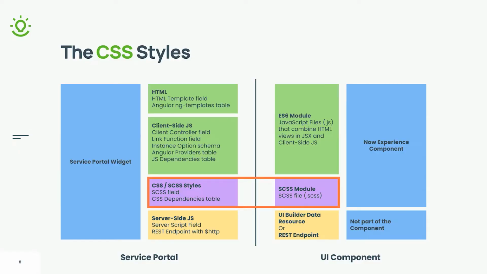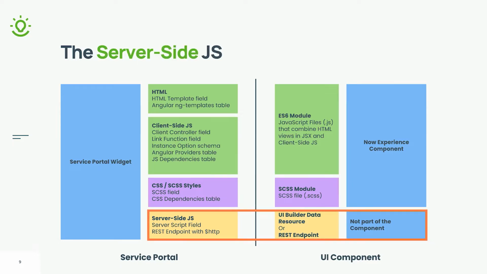And your SCSS equivalent, basically you'll have an SCSS file inside of your local dev environment, and you will import those SCSS modules into your JavaScript modules. So it is a little bit different from what we're used to dealing with. But for the most part, there's really strong equivalent to the SCSS fields and the CSS dependency tables in your Service Portal widget. And as I said, there really is no equivalent for the server-side JavaScript.